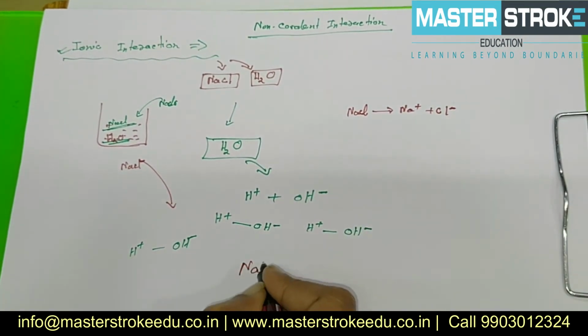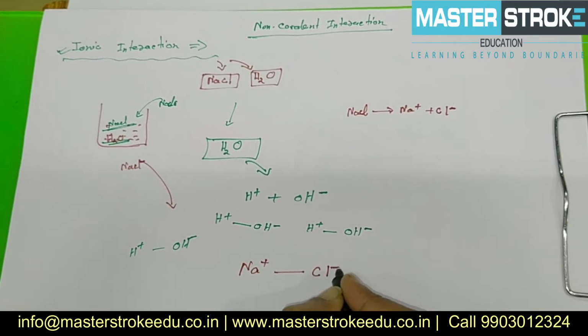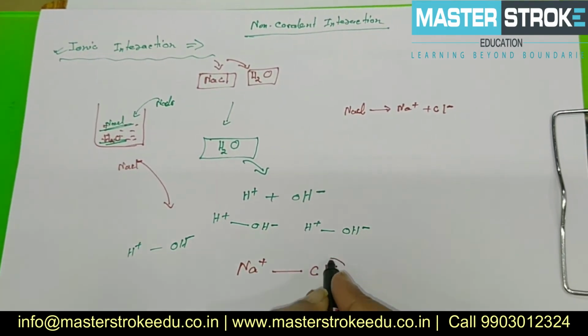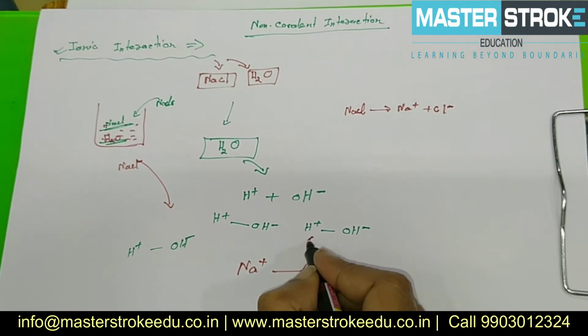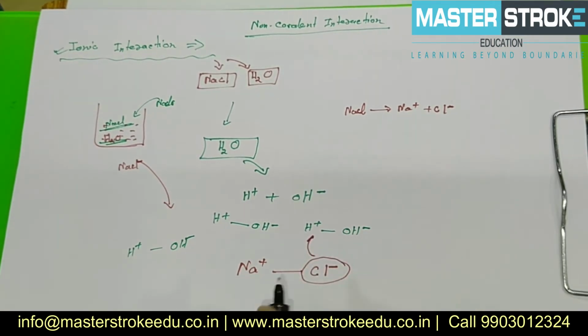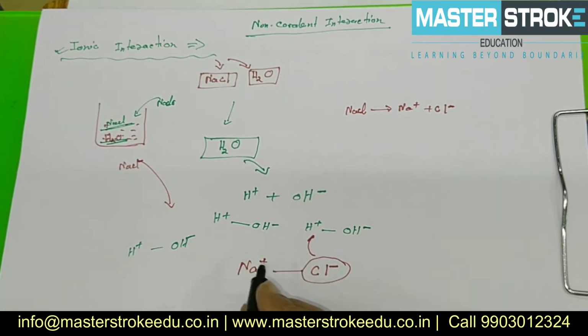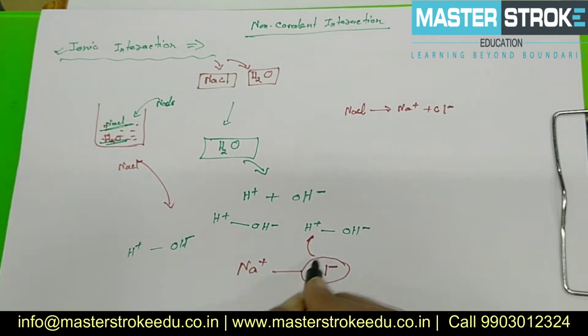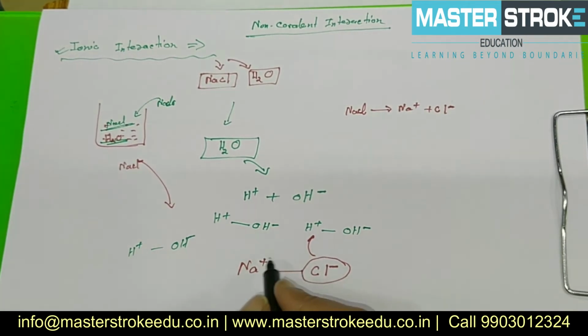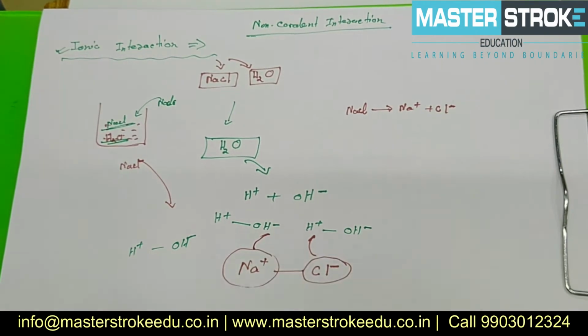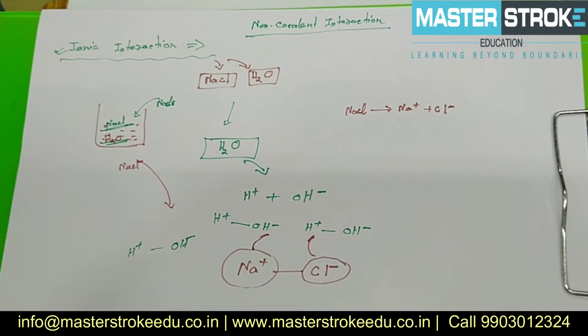As it breaks into Na plus and Cl minus, the negatively charged attracts toward the positively charged, because opposite charges attract each other while the same charges repel each other. So the negative charge will be attracted towards the positive charge, and the positive charge towards the negative charge. So what happened?